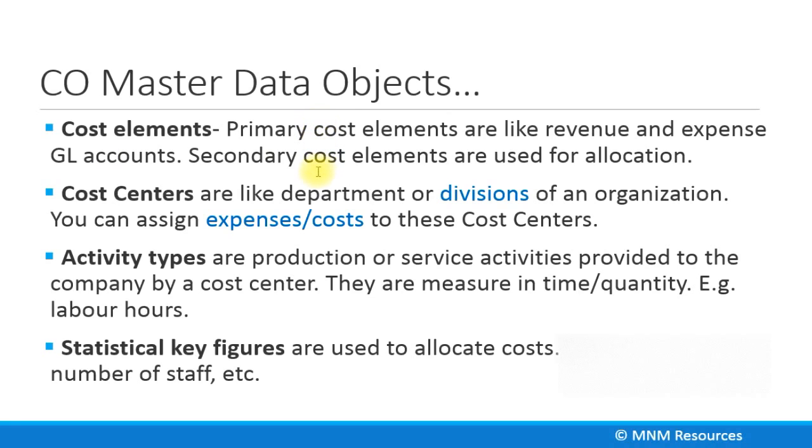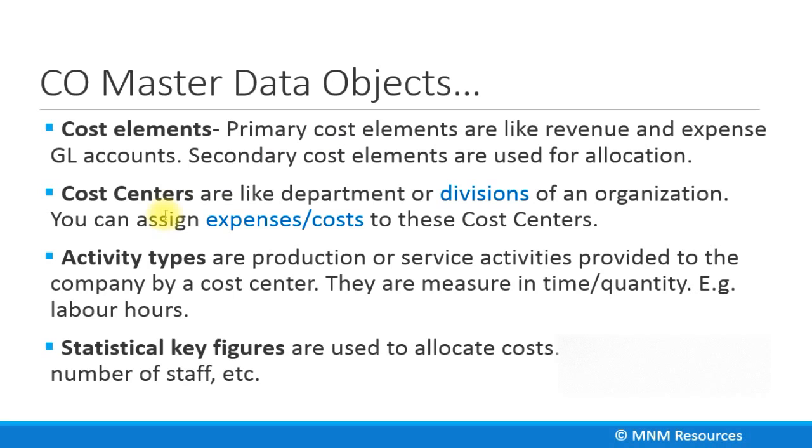And this is secondary cost elements, another category of cost elements, because once the cost is already there in the CO module, you're going to allocate these costs from one cost object to another cost object. That's why you have two options in cost elements, primary or secondary. And we will discuss this in more detail in the cost element master data presentation.